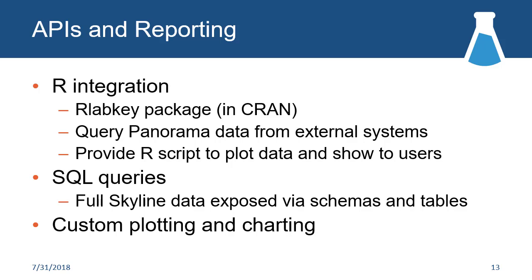So very similar to how Skyline allows you to plug in an external tool and be able to run R scripts over the data in that one Skyline document, Panorama lets you download an R package. It's called Rlabkey that you get through CRAN, which is the standard R module distribution system, and allows you to connect to that data in Panorama and pull it.